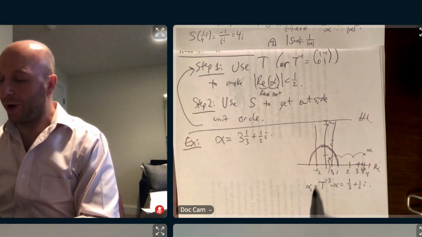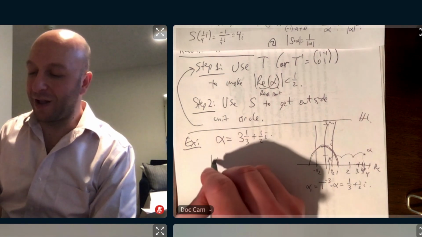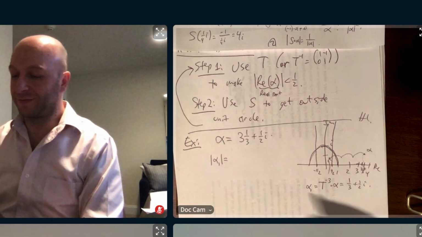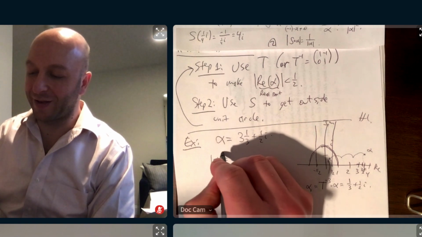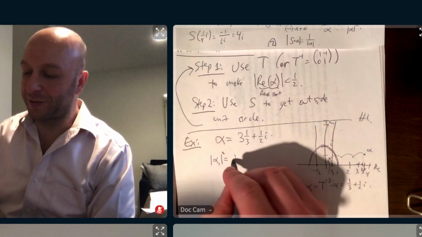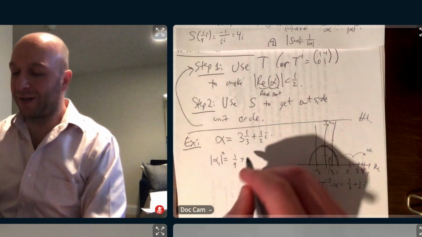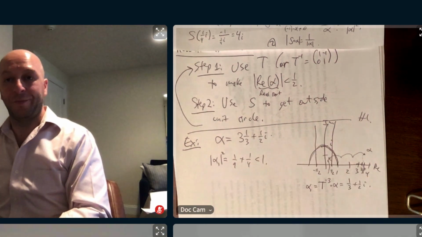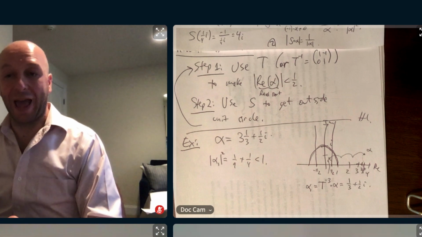So here's alpha 1. The square of the absolute value of alpha 1 is a third squared plus a half squared. A third squared is a ninth, a half squared is a quarter, and a ninth and a quarter do not add up to more than 1. So it is advantageous to apply S.